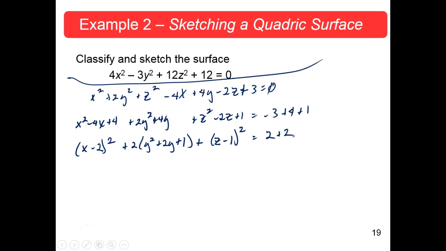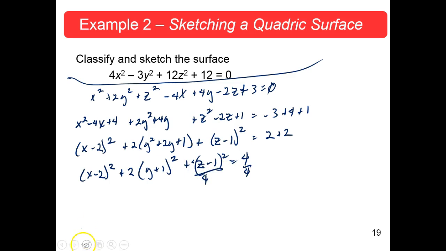All right. And this becomes x minus 2 squared plus 2 times, and what would this one be, the perfect square? y plus 1 squared plus z minus 1 squared is equal to 4. Now, to get it into our most standard form, we divide everything by 4.